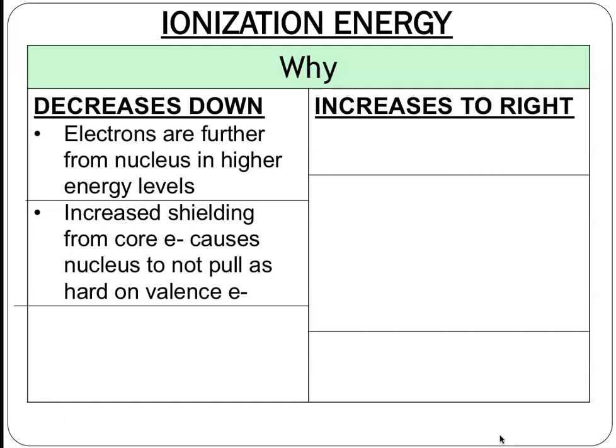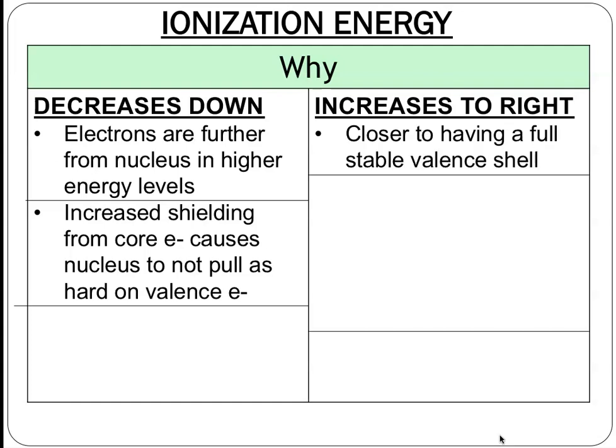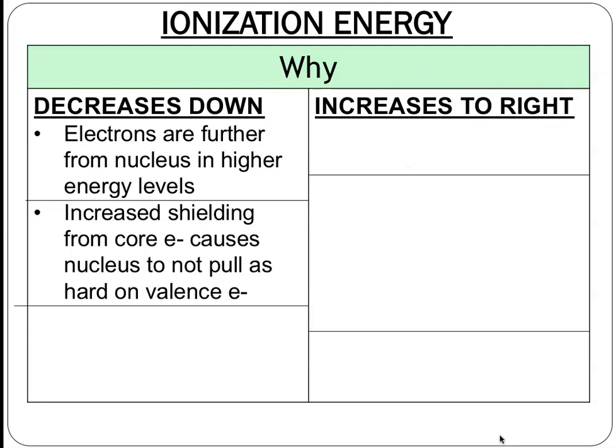So the pull on those valence electrons is lessened, it is decreased, it is diminished. Well, if that's the case, then it should be easier to remove electrons. Questions on why for the decrease down a group?